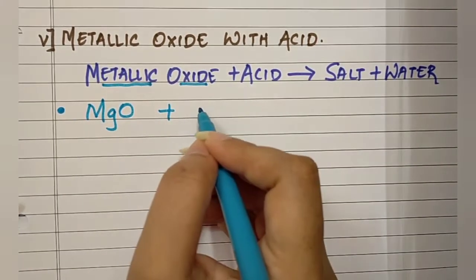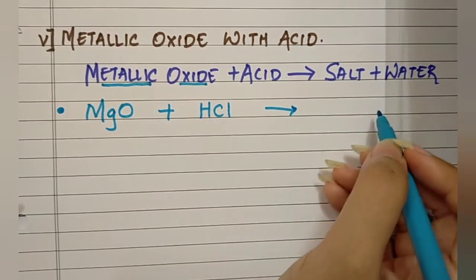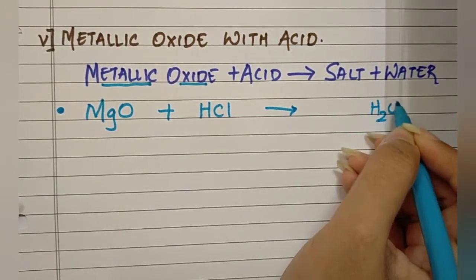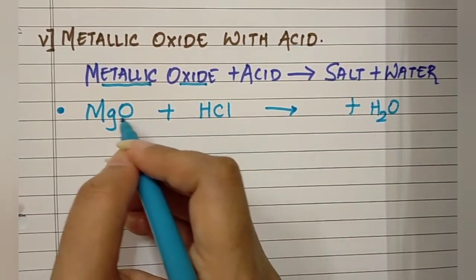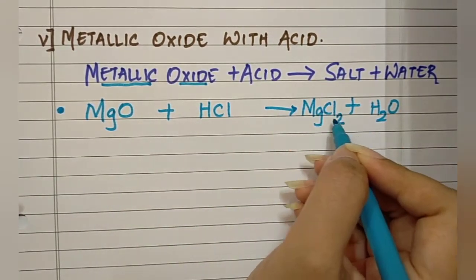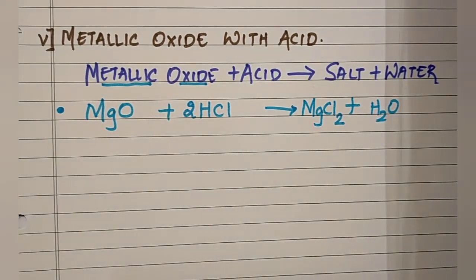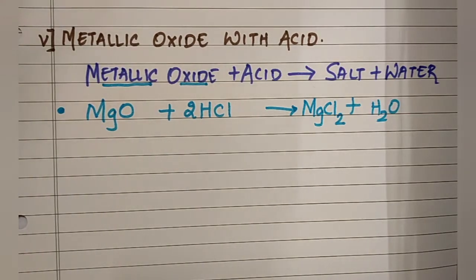Plus it reacts with acid, HCl, to form salt and water. Water is H2O, and the salt produced here is MgCl2. So this is a reaction of metallic oxide with acids.